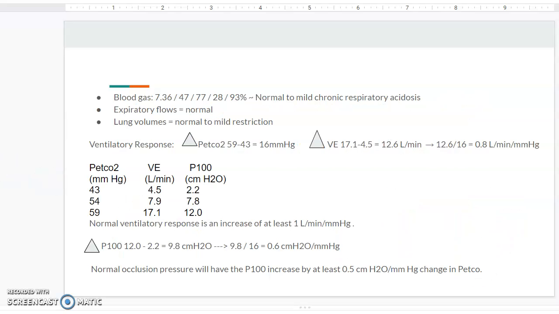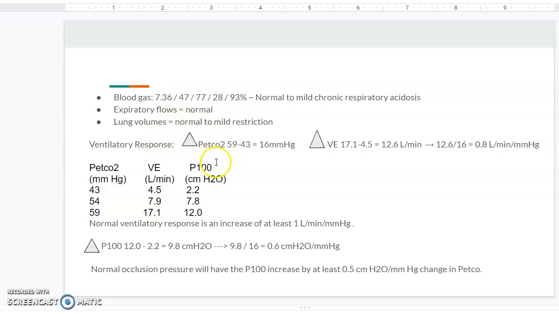So let's take a look at some of our calculations here. So again, our blood gas is pretty much normal. Our expiratory flow rates are normal, but we know that there's a restrictive defect based on our FVC and our lung volumes. Okay, so to calculate our ventilatory response, we're going to calculate our change in PETCO2, that's our exhaled CO2.